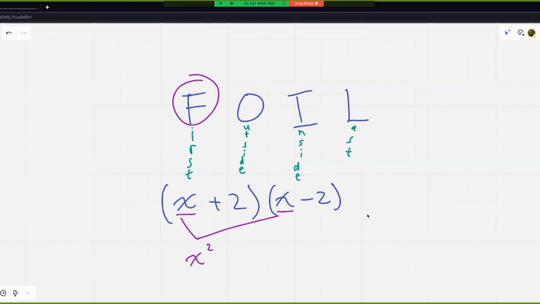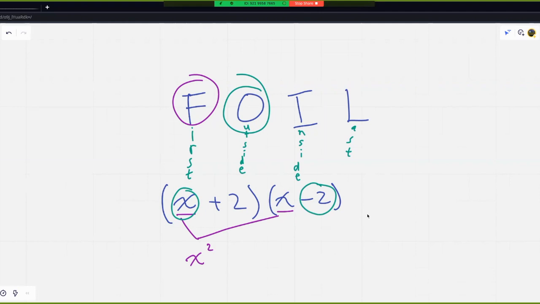We have outside. Okay, what are our outside ones? Well, we have x on the outside and we have -2 on the outside. This is not just 2, this is -2. We must always look at the sign, or the operation rather. In this case, when it's in the binomial, it's working as a minus. But that same minus, when you take it off with the number, it turns into a negative.